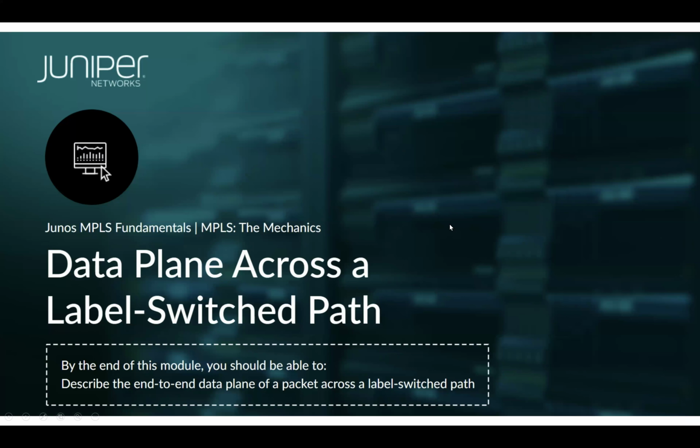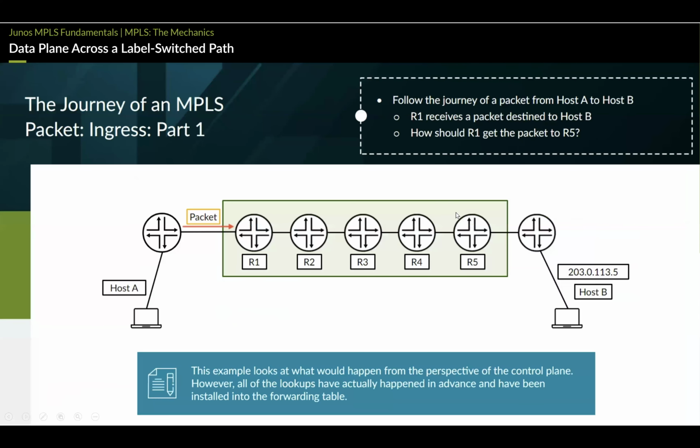So our third section: data plane across the label switch path. This is our terminology and the journey of an MPLS packet. Ingress, again, see.